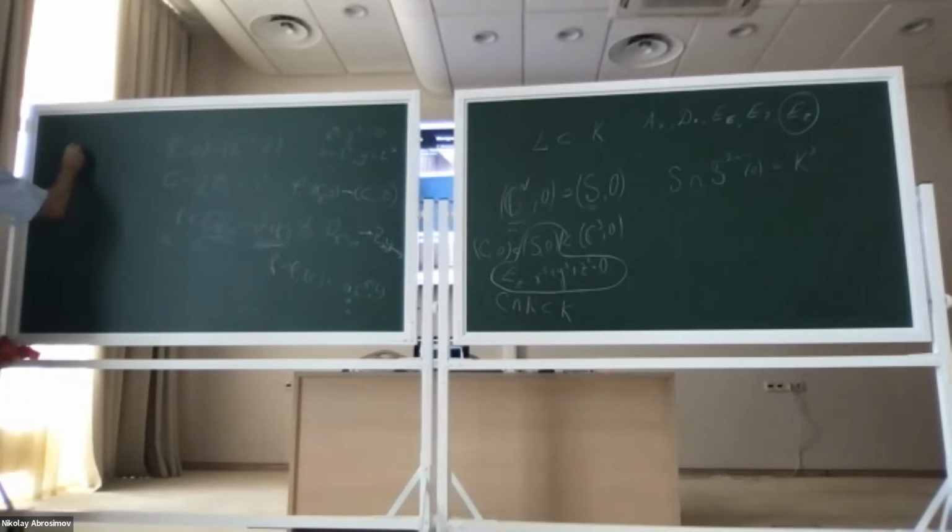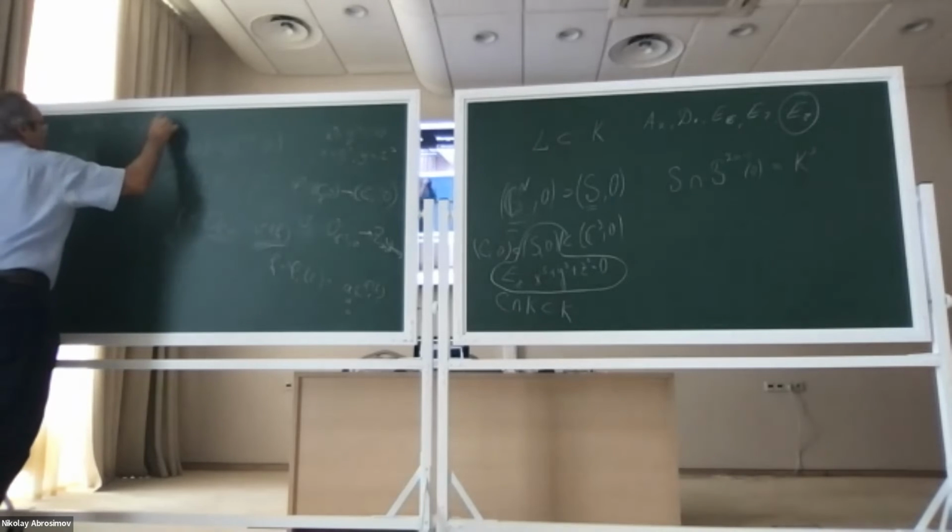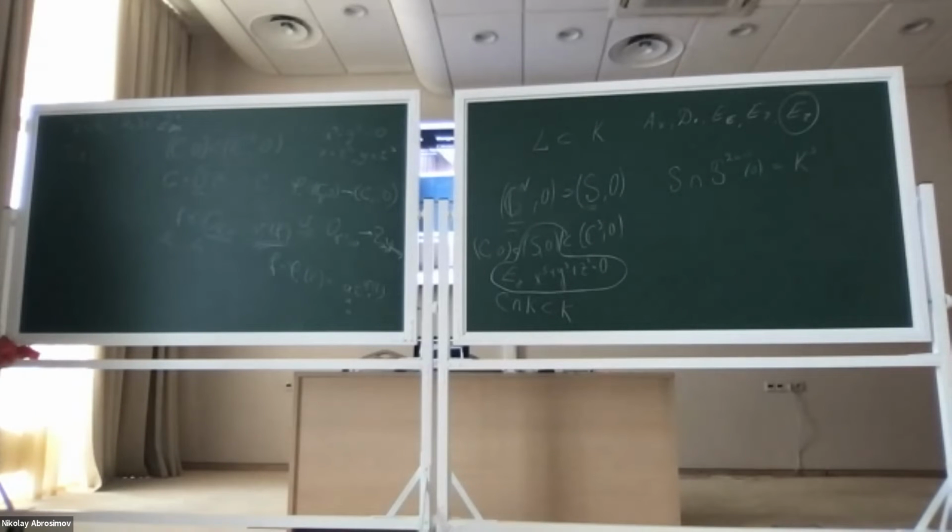Namely, let J of u underlined, where u underlined means u1 through uR, be a multi-index filtration. In principle there is reason to write that u belongs to the nonnegative integers to the power R, but I prefer to number the filtration by elements with negative indices as well.